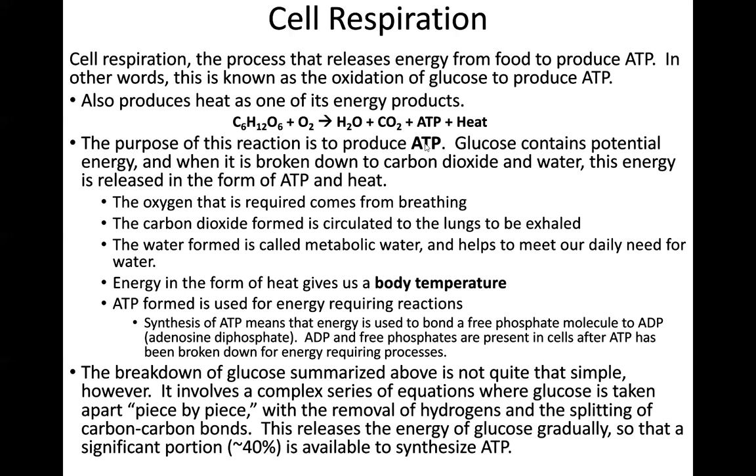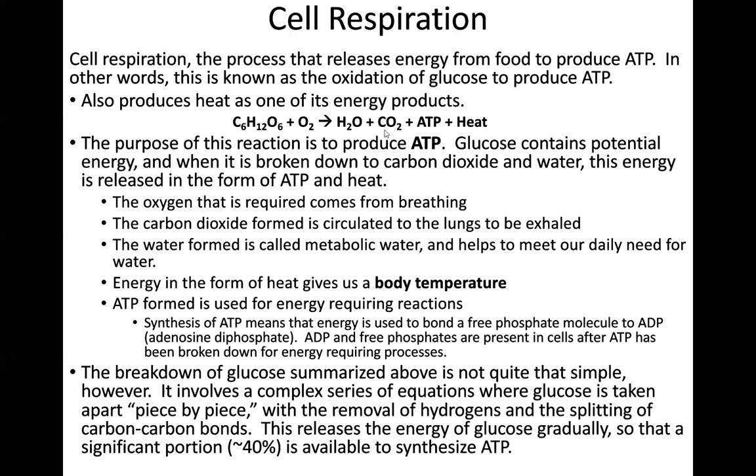Okay, and we can get a lot of ATP from glucose, not quite as much as what you can get from fats, as we'll find out later in the lecture, because there's quite a bit of potential energy in it. When it's broken down to carbon dioxide and water, this energy is released in the form of ATP as well as that heat. Now, the ingredients for this include not only glucose from our diet, but also the oxygen that we have talked about that comes from breathing.